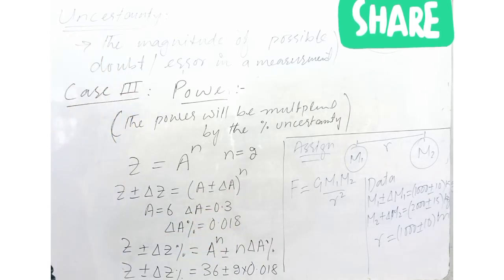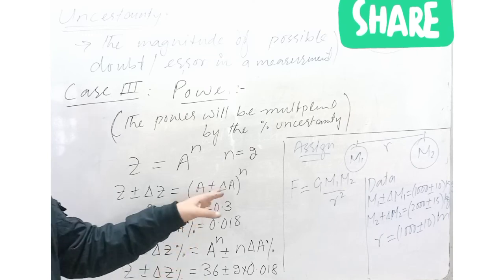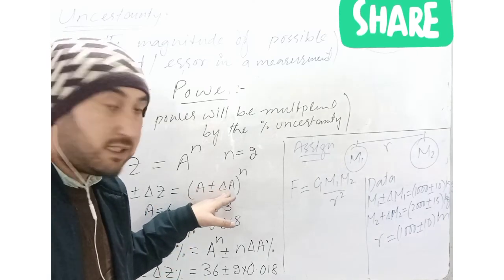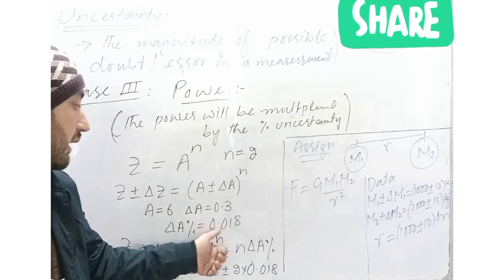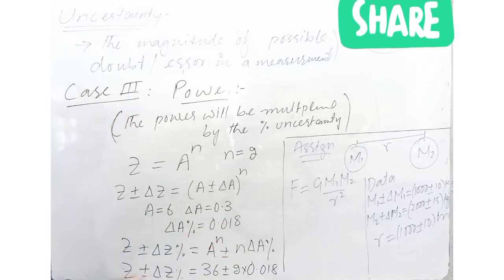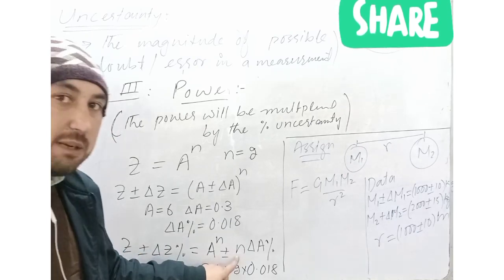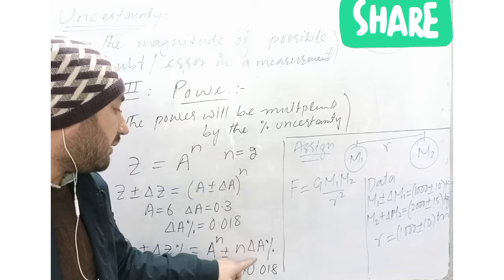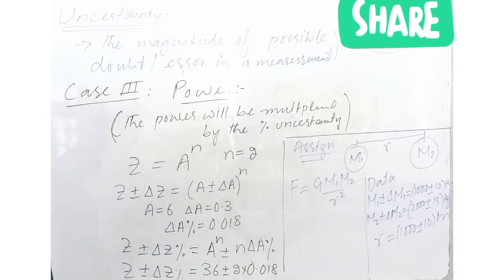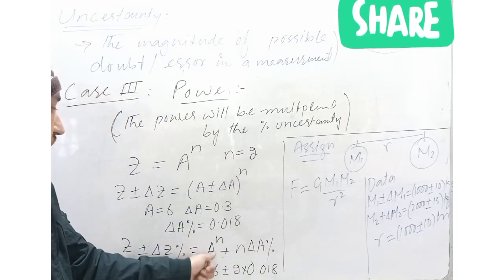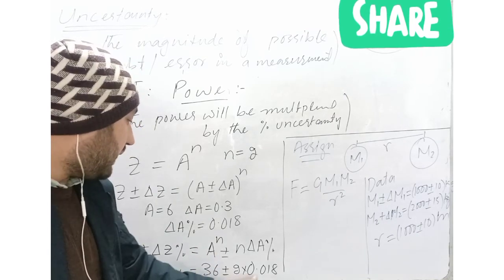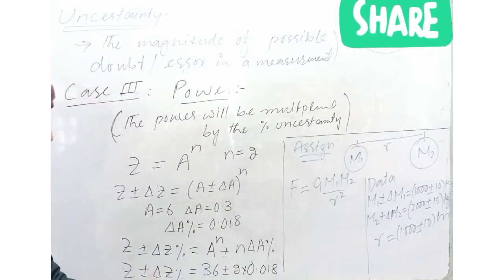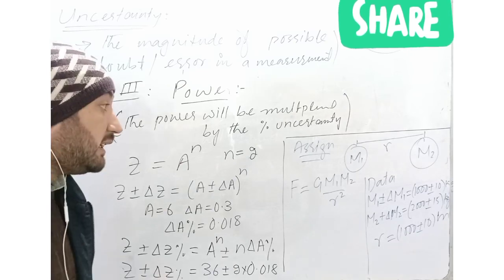Next, we will find the percentage uncertainty in a, which we have already found is 0.018, and in order to find the percentage uncertainty in z, you have to multiply the power with the percentage uncertainty. For z you take the power of a, and that gives us 36, and when you multiply 2 with it, you will get the percentage uncertainty in z.